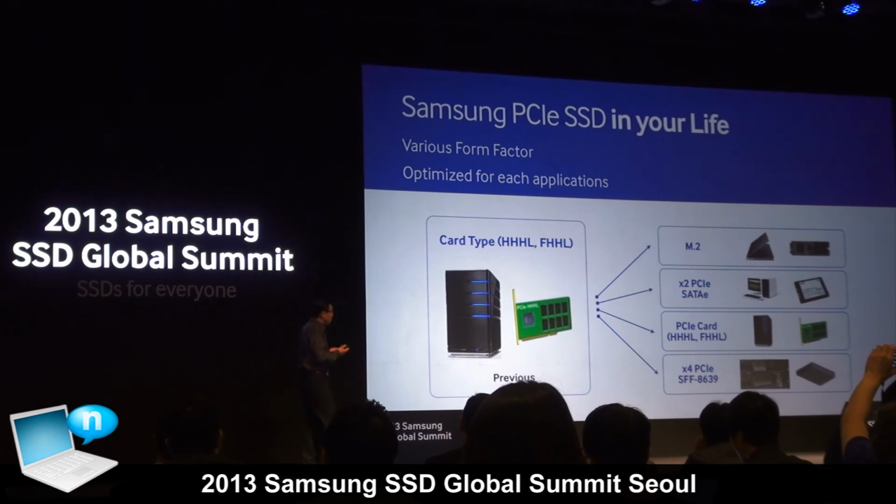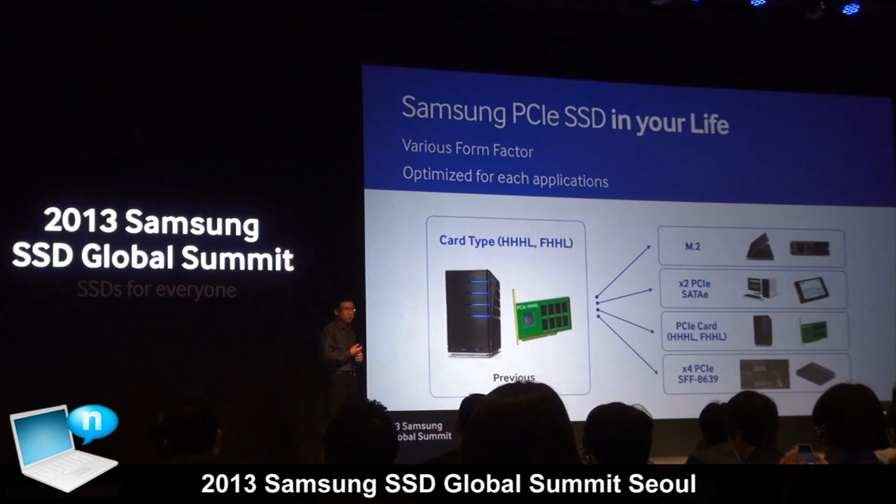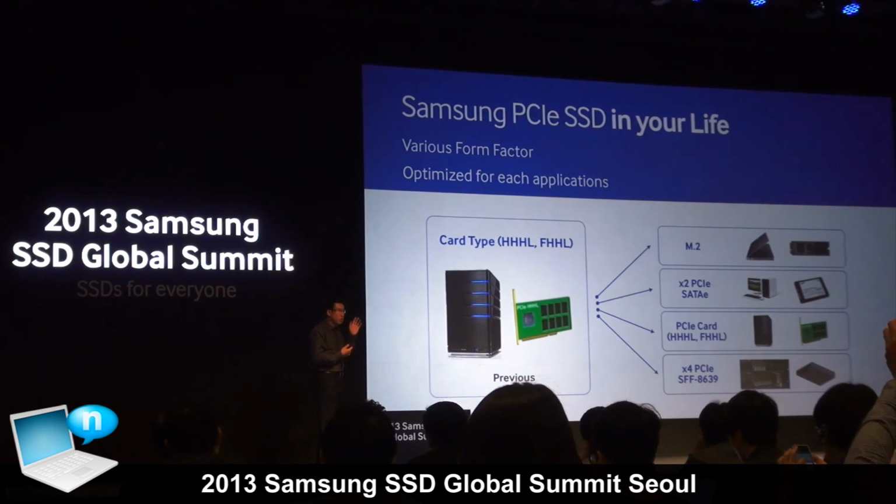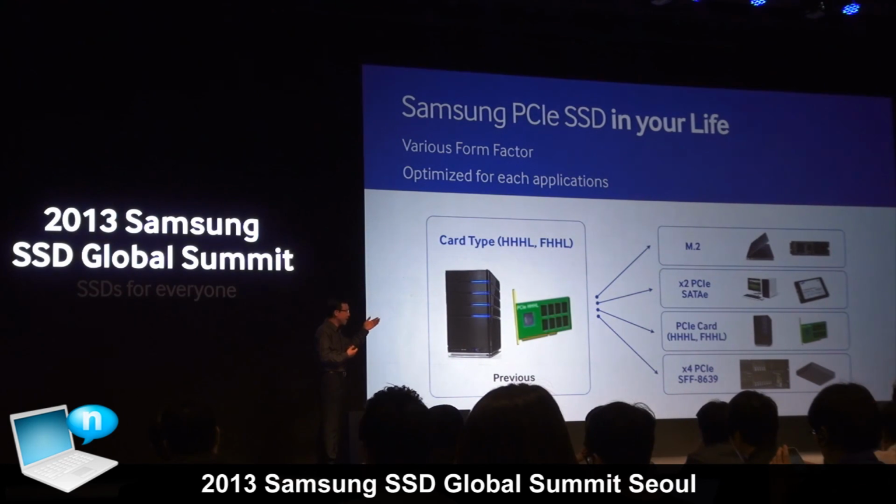This PCI technology is going to be the next generation storage technology, which is going to be used in ultrabooks. A good example is the M.2 form factor, like I told you earlier on the previous page. And also in client desktop markets, we have the SATA Express form factor, which is 2.5 inch, and it is provided by 2 PCI lanes.